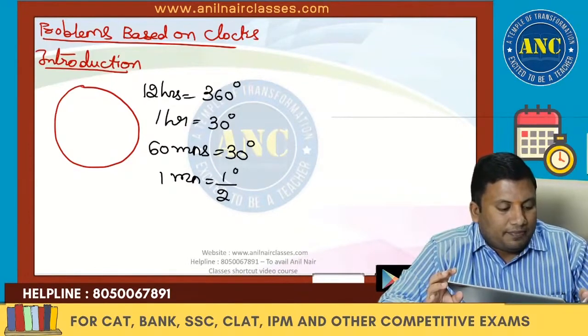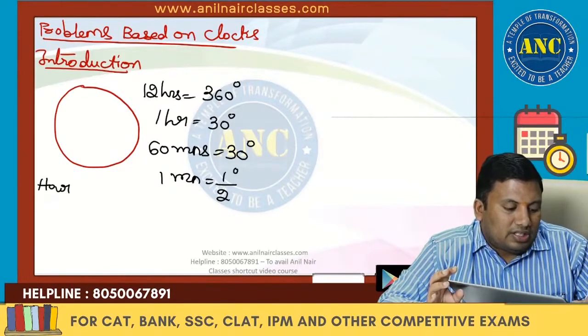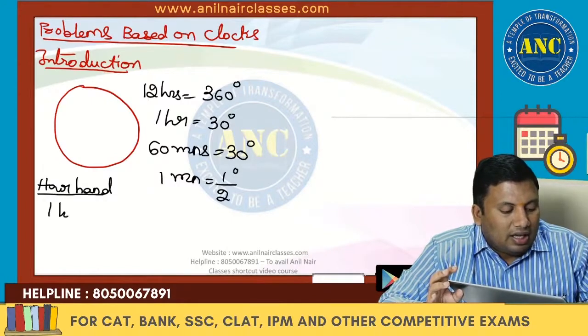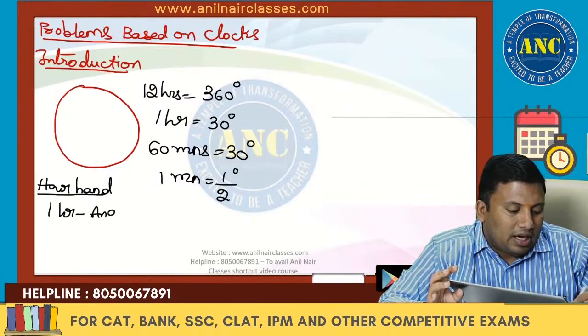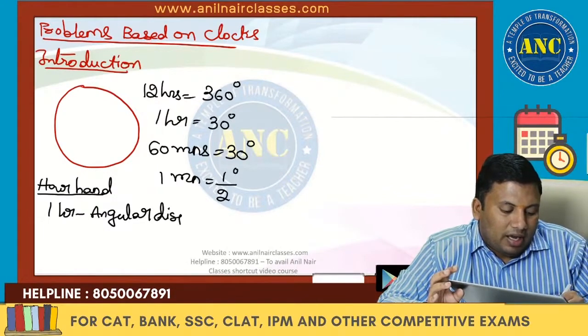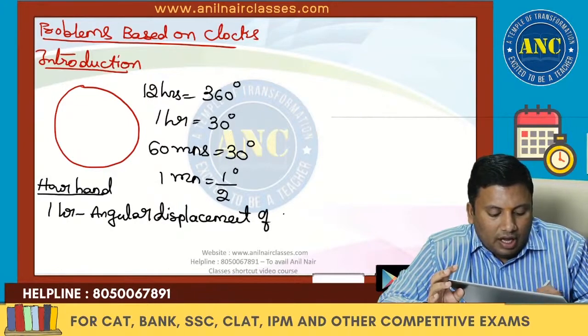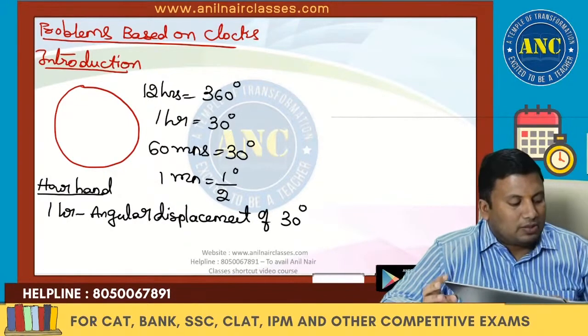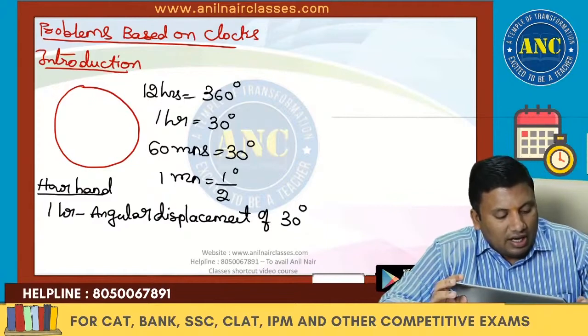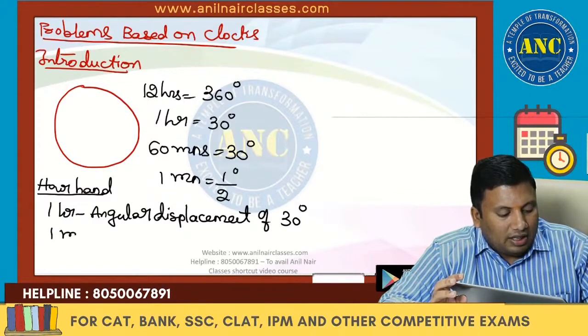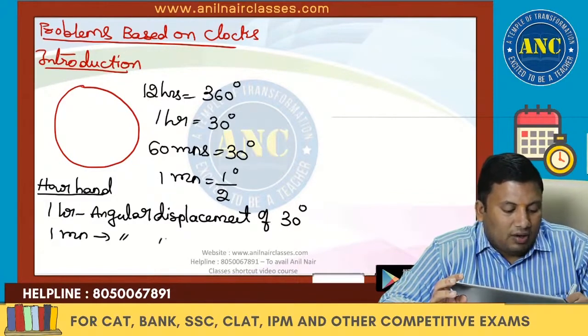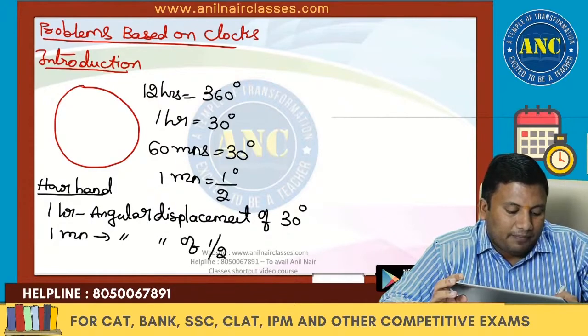That means we are only taking our hand as a point of reference. Our hand in 1 hour will make an angular displacement of 30 degrees, and in 1 minute our hand makes an angular displacement of half a degree.